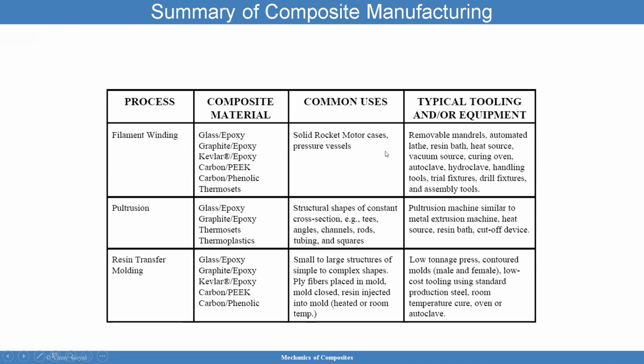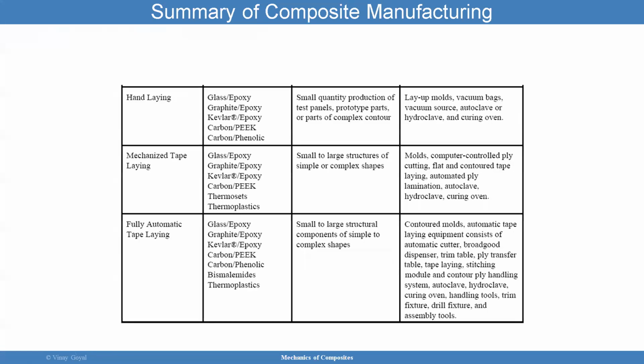And so I hope you spend some time looking at this by pausing or reviewing later because I don't want to go into every single cell here. I think what I want to make sure is that you've kind of studied these aspects very well. Hand layup, mechanized tape layup, fully automatic tape layup, right? So good things there.